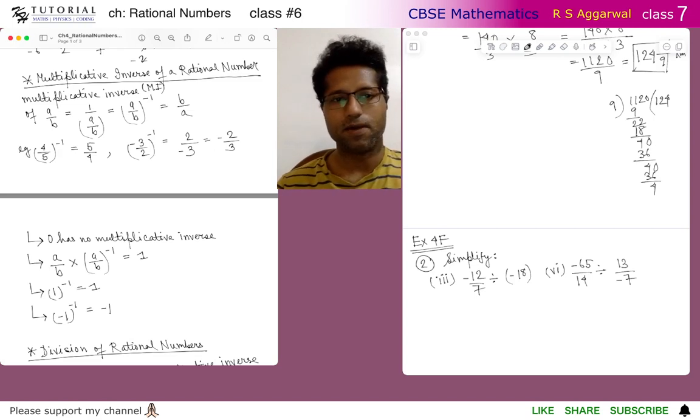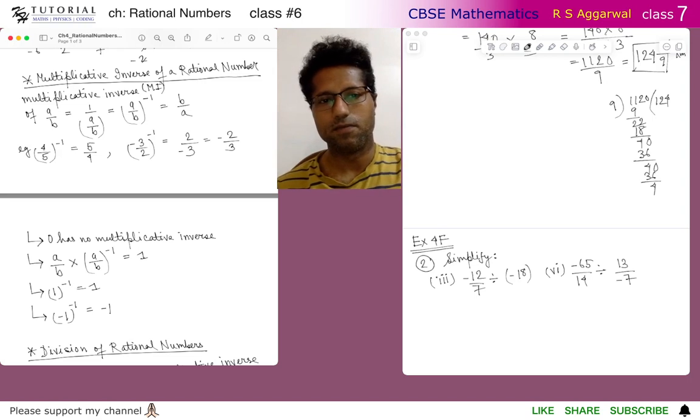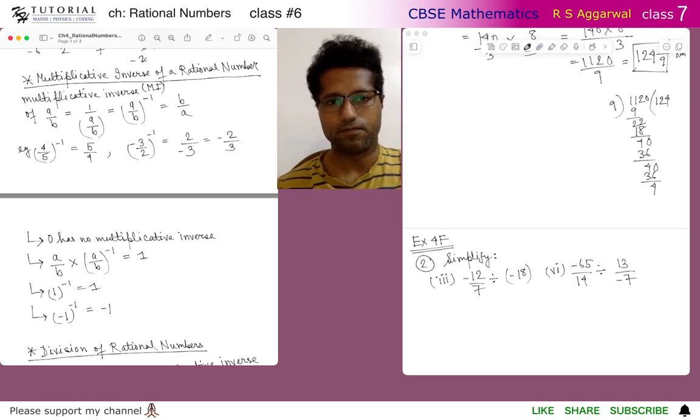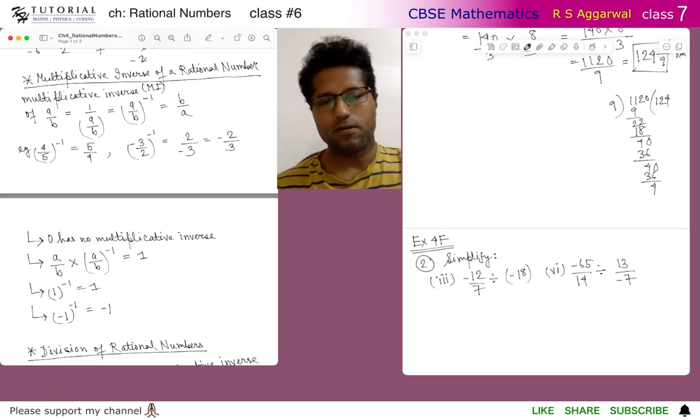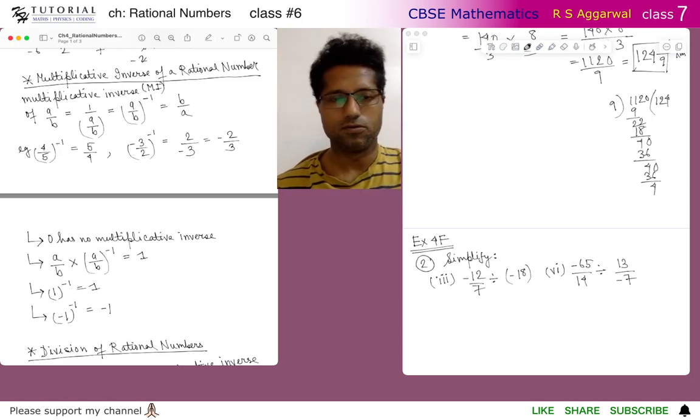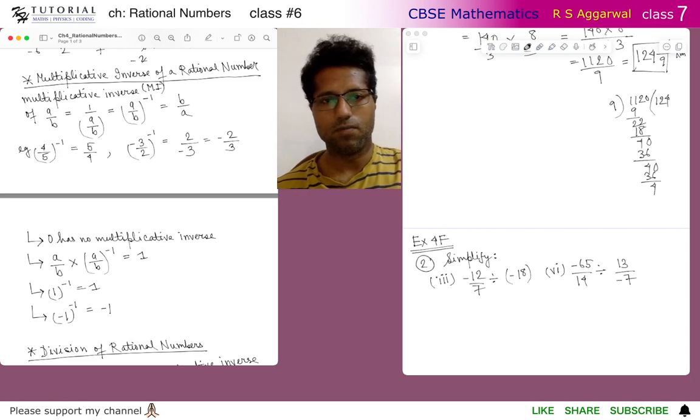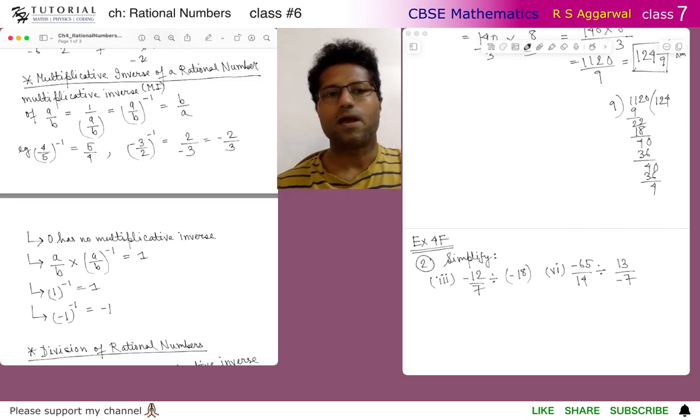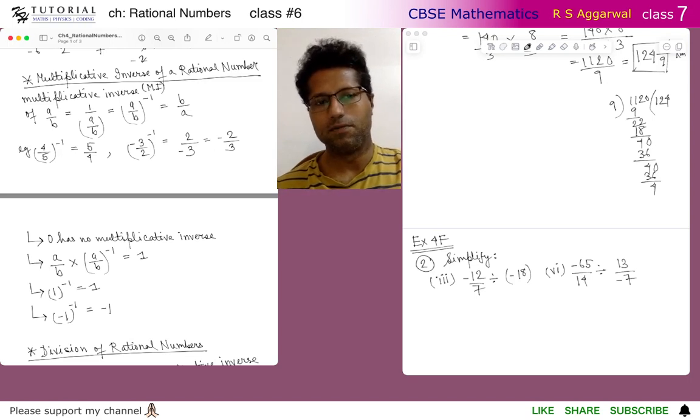So it will be 1 by the rational number, that is 1 by a by b, and the multiplicative inverse of a rational number a by b is denoted as a by b to the power minus 1, and which is nothing but we reverse the denominator and the numerator, so it becomes b by a. So multiplicative inverse of a by b equals b by a, and we denote the multiplicative inverse of a by b as a by b to the power minus 1.